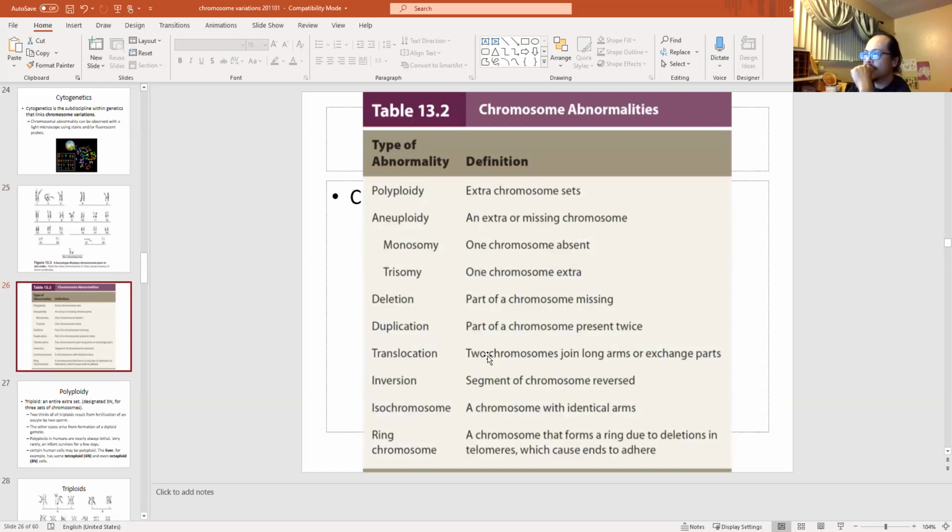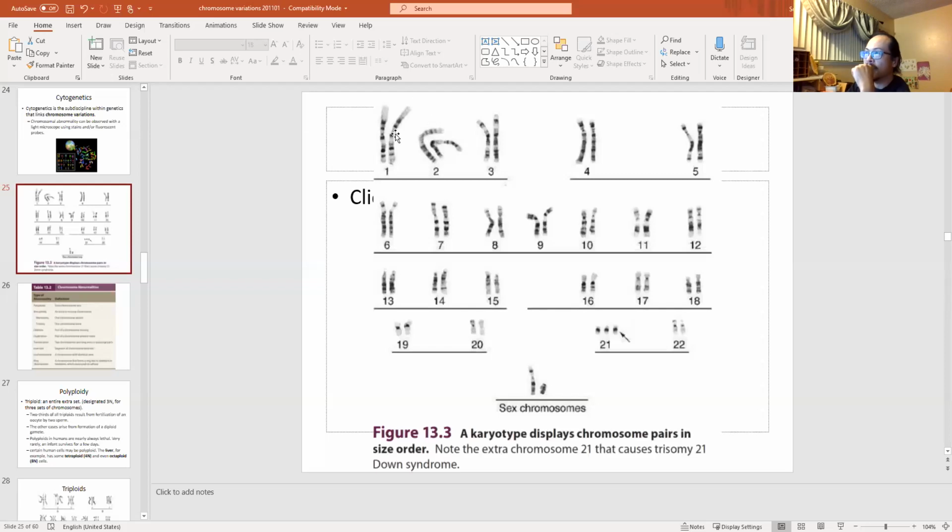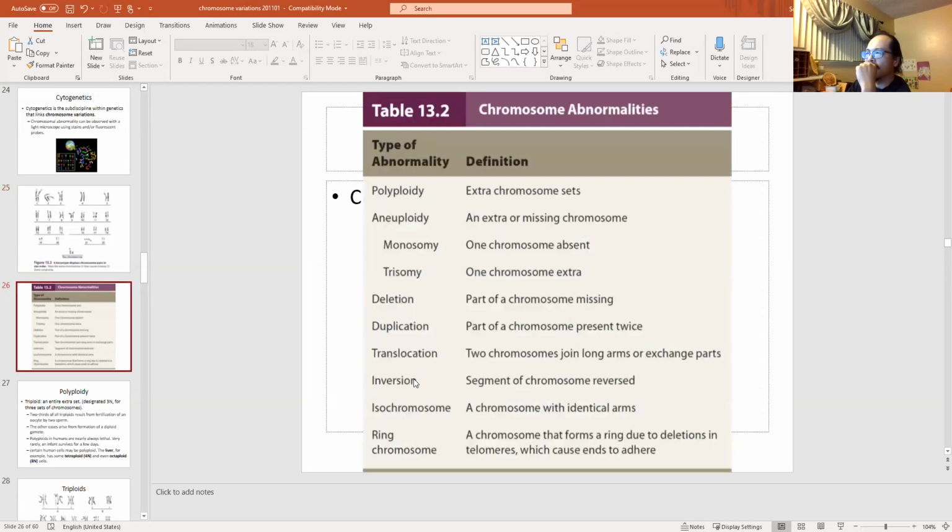So translocation, inversion, where you basically have the translocation, but the insertion is inversed. And, sorry, isochromosome. That's the chromosome with identical arms.